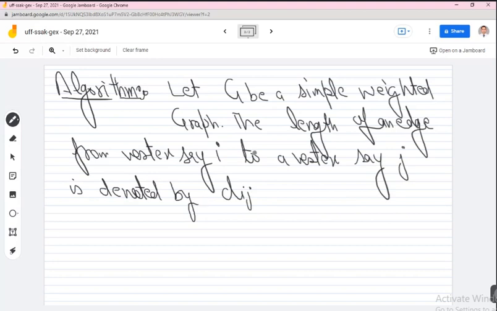It is clear? The length of an edge from vertex I to vertex J is denoted by Dij.